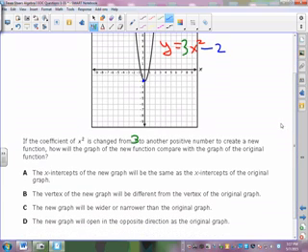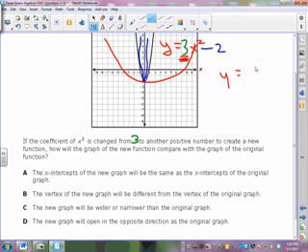It says if the coefficient is increased to another positive number, how will the graph of the new one compare with this one? Whenever you take the stretching number and multiply it, if the number is a larger whole number, it's going to make it more narrow. If it's a smaller whole number, it's going to make it wider.